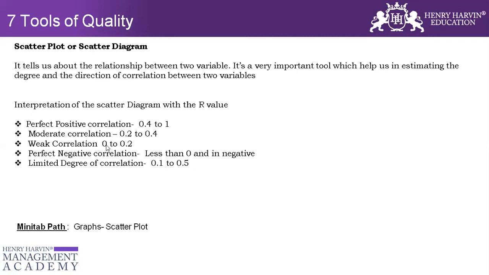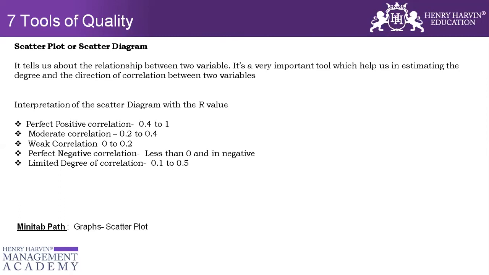If it's between 0 to 0.2, we call it a very weak positive correlation. Anything less than 0, in the negative, is a negative correlation. And anything between 0.1 to 0.5 is a very limited degree of correlation. So this is to be calculated with the help of the R value, wherein we would be able to tell what sort of correlation the scatter diagram that I prepared shows.